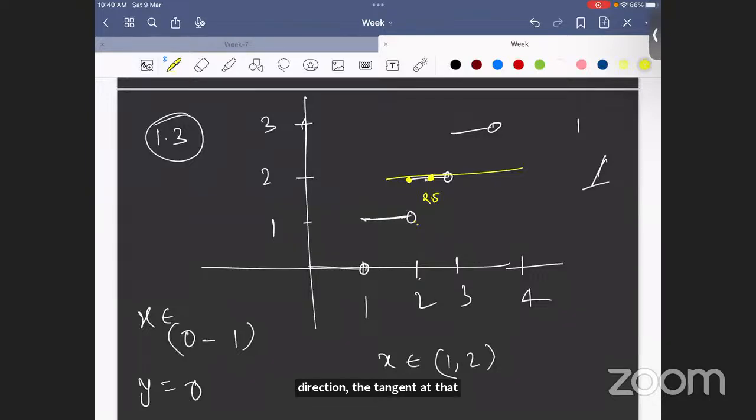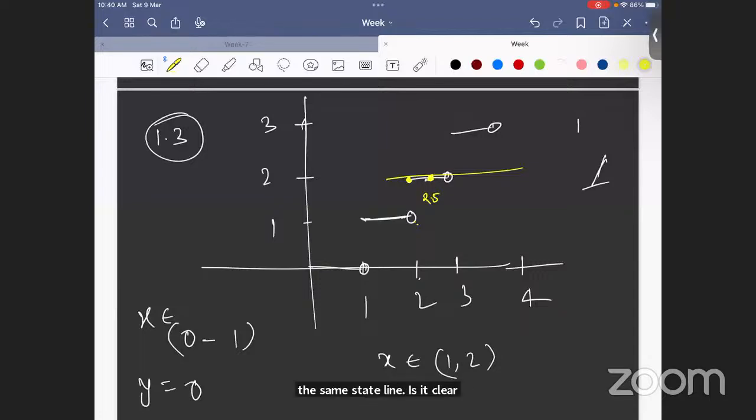Here you get a different tangent, here also a different tangent. So that's why you can't get it at 2, but you can plot it at 2.5, because close to 2.5, whether you come from the left hand side or the right hand side, you get the same straight line. Is it clear?